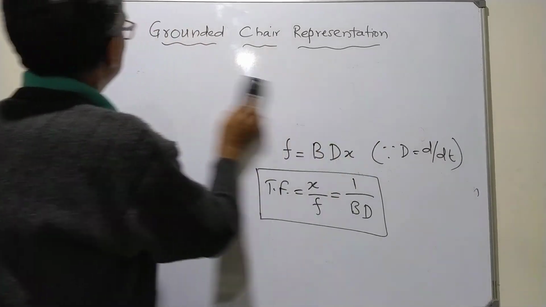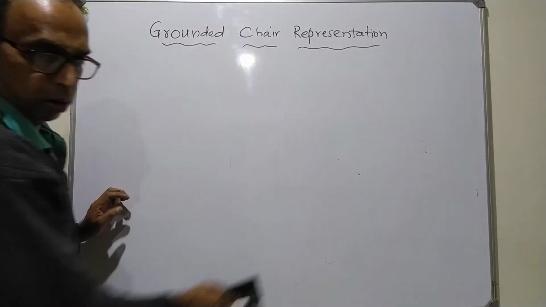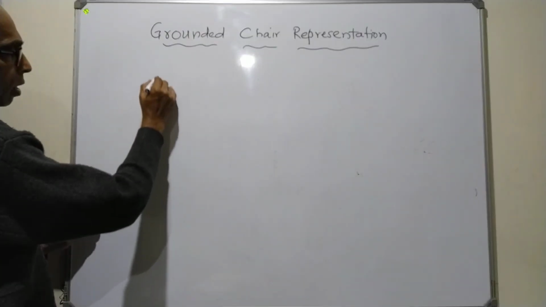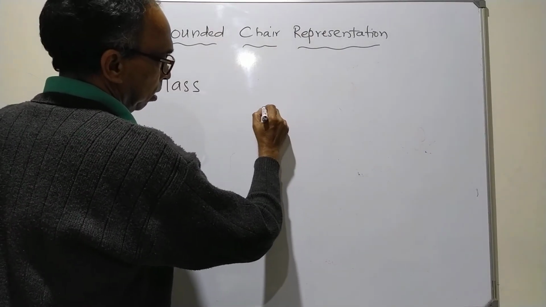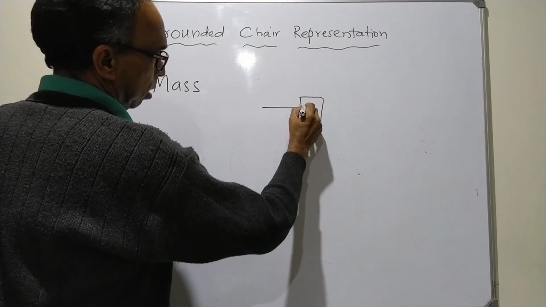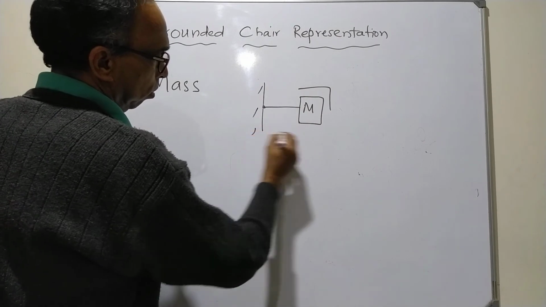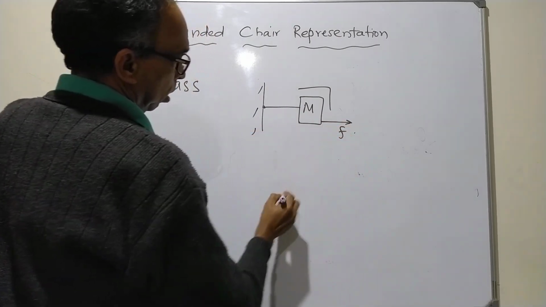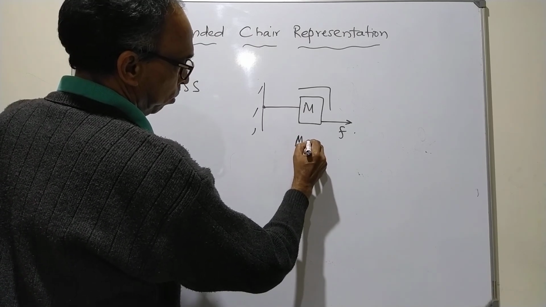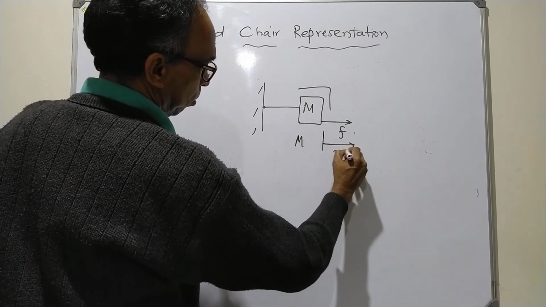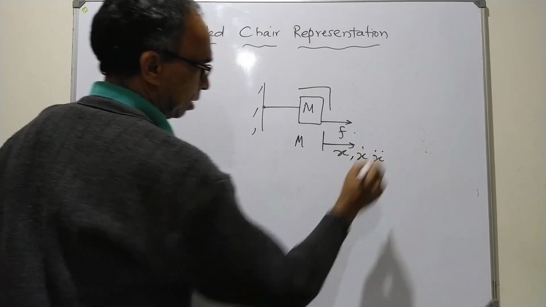The third element was mass or inertia like element, mass or inertia element. So how it was represented? Mass M, it is subjected to force F. It will have the inertia force, and because of this it is subjected to motion X, and because of X I have X dot velocity and I have acceleration also.